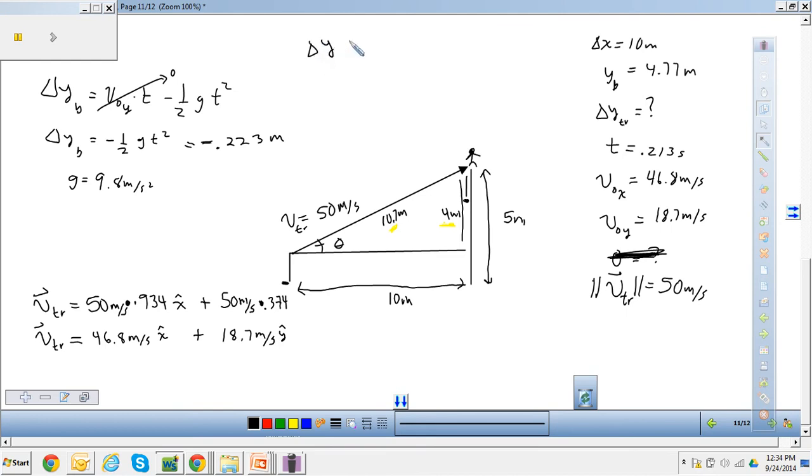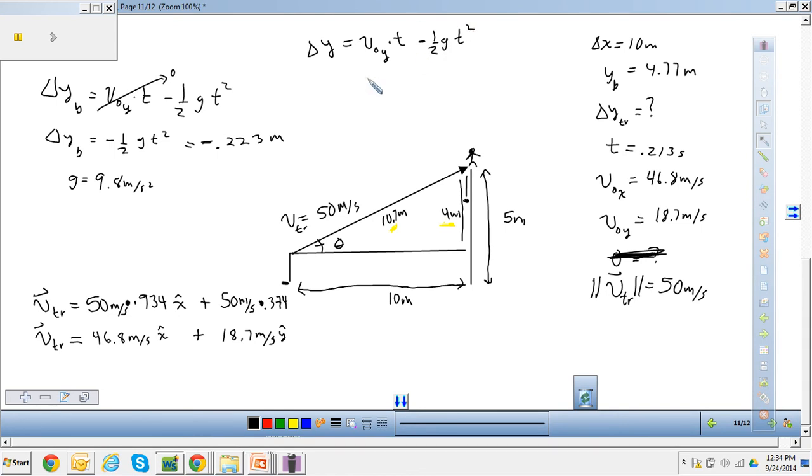Delta y equals v sub 0 sub y times t, plus one half g t squared. Do we know t? Yeah, it's the same t, because that's the t it took to get across. So what we're trying to find is what height it is in the y after it's traveled this length of time. Because remember, we can treat the y and the x-axis differently.